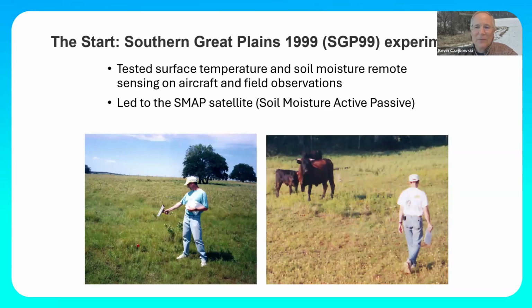That field study was to develop the sensor for NASA's Soil Moisture Active Passive satellite. So you can see how long it takes for NASA to develop a satellite. They were flying the SMAP mission on an aircraft at the time, flying over these farm fields. We did soil moisture measurements as well.